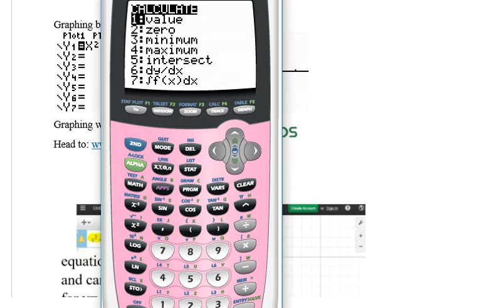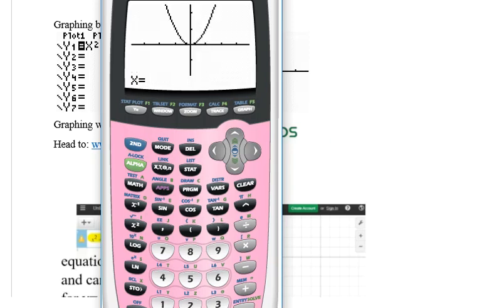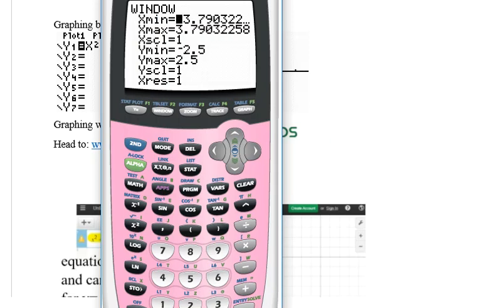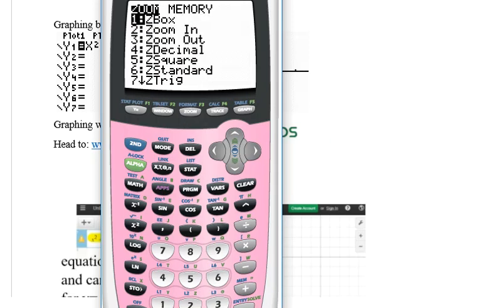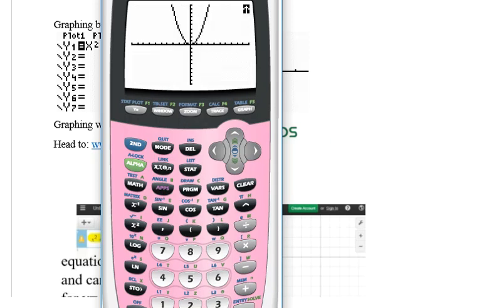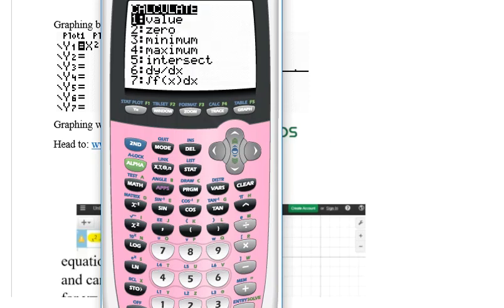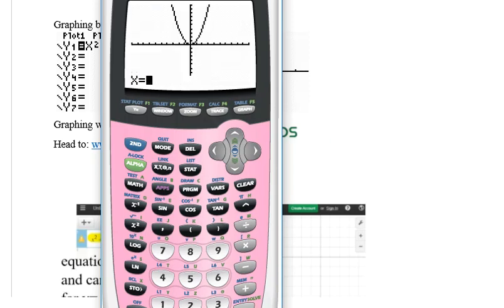And then if I wanted to plug in a value, like let's say, what's the value when x is 3? And it'll tell you. And although I can't see it on mine because I don't have it, let's fix my window for a minute. Zoom 6. Try again. Second trace. That first one value when x is 3, y is 9. And it plots it for me. And it shows me it down here at the bottom too.